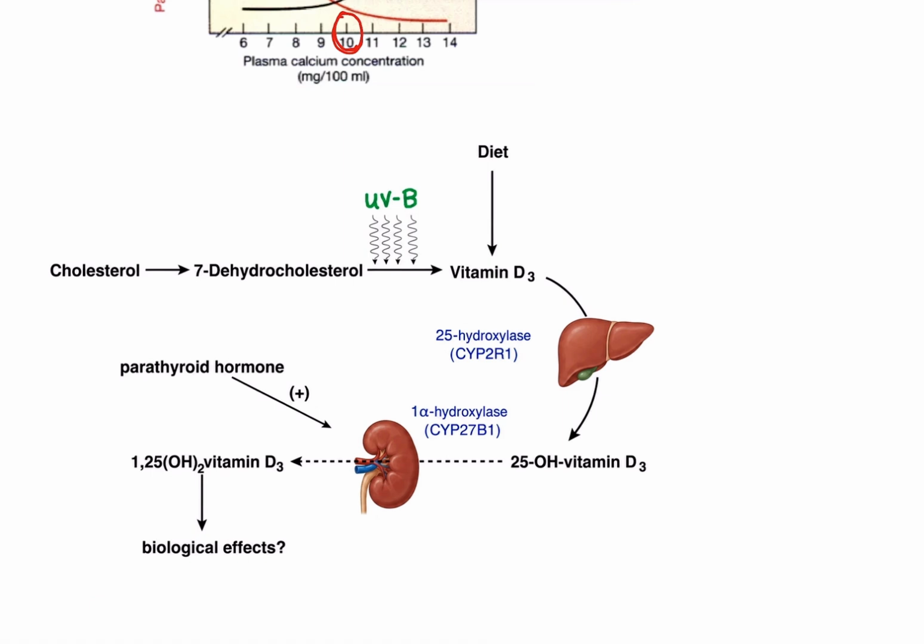And so when this vitamin D3 is bound with a protein, it can then move through the blood, and there's an enzyme in the liver called 25-hydroxylase that converts that vitamin D3 into something called calcidiol, which is an inactive circulating form of vitamin D. And then there's another enzyme located within the kidneys called 1-alpha hydroxylase that converts this inactive form of vitamin D into the active form of vitamin D called calcitriol.